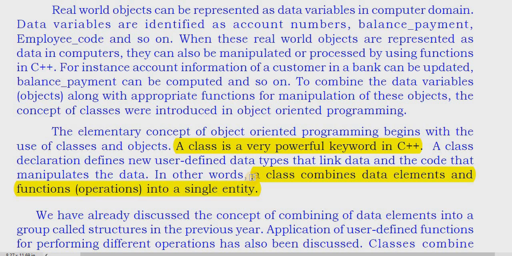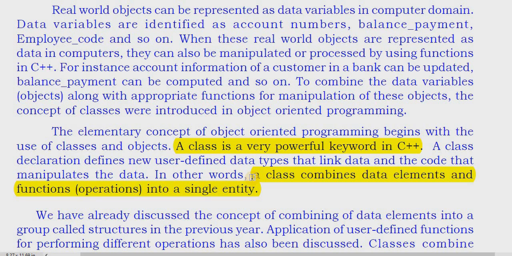Same items means, for example, I will give one example. Fruits is the name of a class. Then what are the items in the fruits class? We can group all fruits into a single group as a fruit class. The different items in this class are apple, banana, orange, grapes, like this.